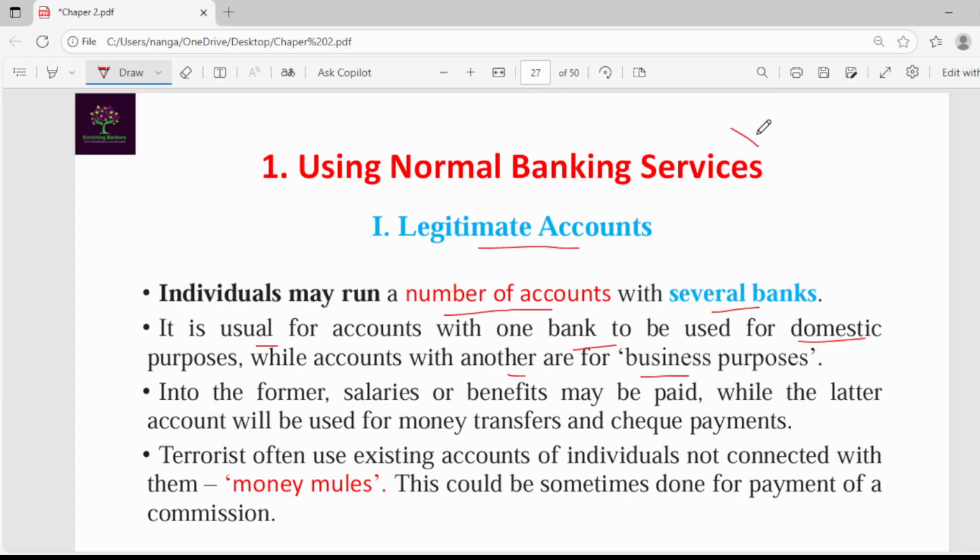Here X worked in TCS. There he opened an account in ICICI Bank. So while working in TCS, he used to get salary in ICICI Bank and he used to do transactions in ICICI Bank. After that, he changed the company and he shifted to Infosys.